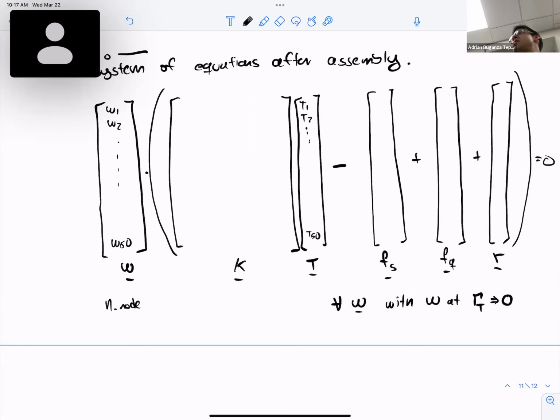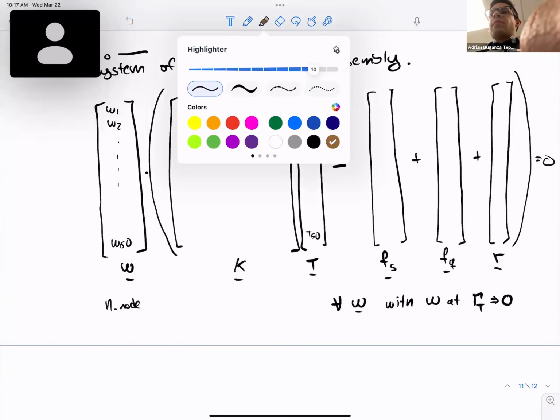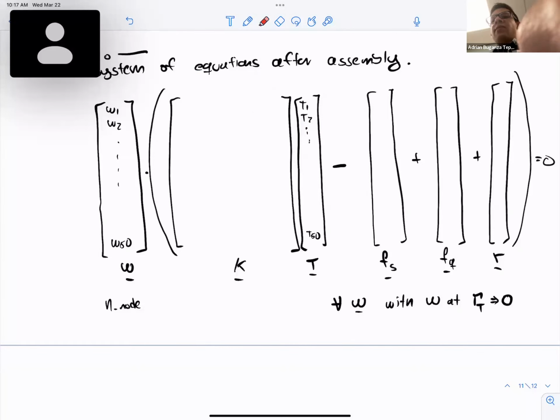For those nodes, we don't know the reactions. I'll mark them in red. Actually, I'll mark them in green. So there are some nodes for which we know the temperature, right? So let's say there are some nodes here for which we know the temperature.